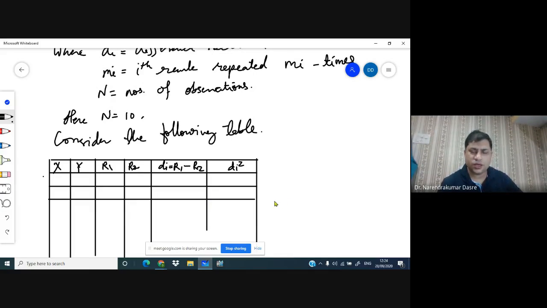So now I want you to make this table and then give me the value of di square.